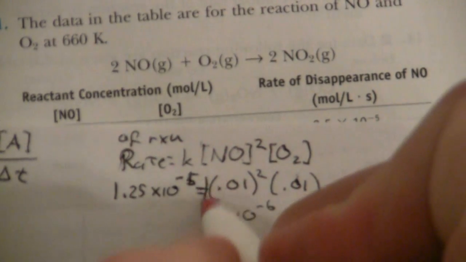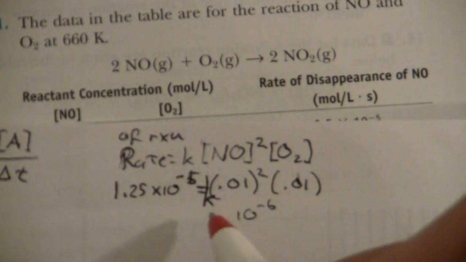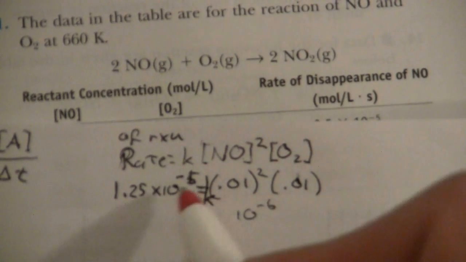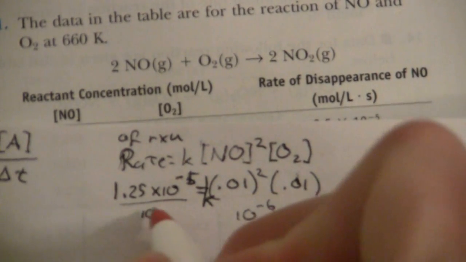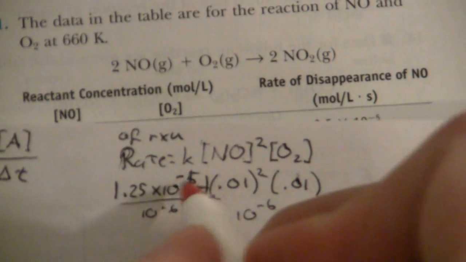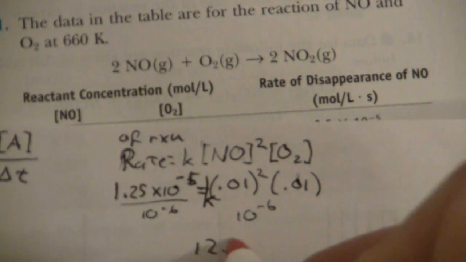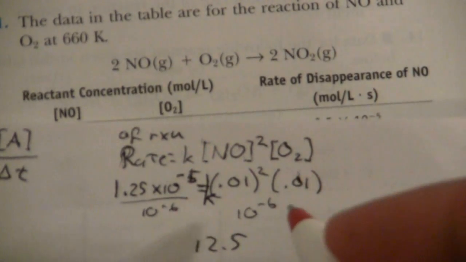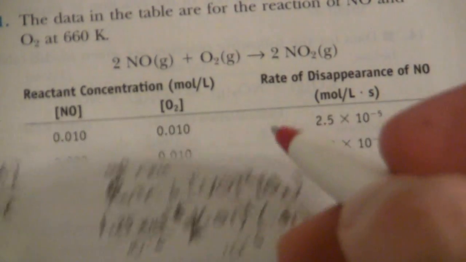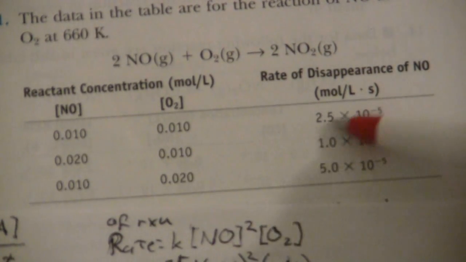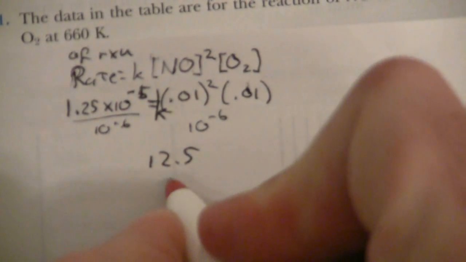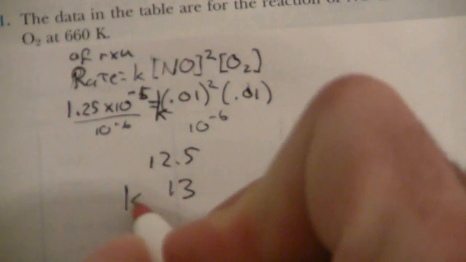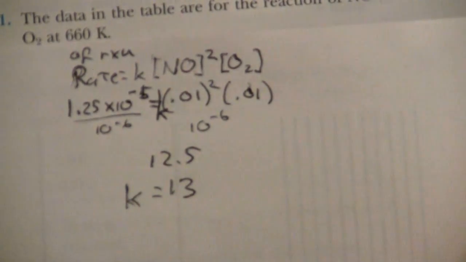And I missed my k in there. So k times 10 to the minus 6. If we divide this by 10 to the minus 6, this will end up being 12.5. And I believe we can go ahead and just round that up to two significant figures, and our k is equal to 13.